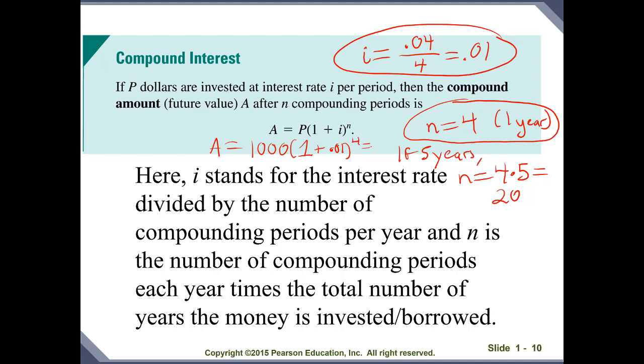So that's going to be, I'm going to draw it down here, 1,000 times 1.01 to the fourth. I'm going to draw this so we separate this. Remember, we take exponents before we multiply. So what I would do on the calculator is first I would take 1.01 and I would raise that to the fourth power.